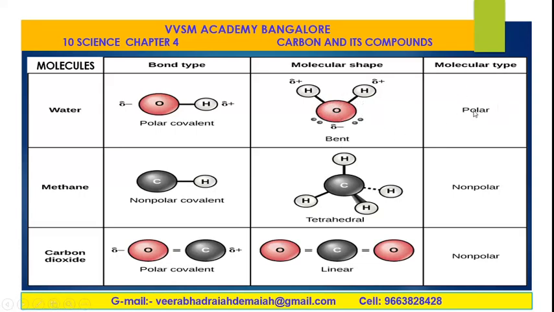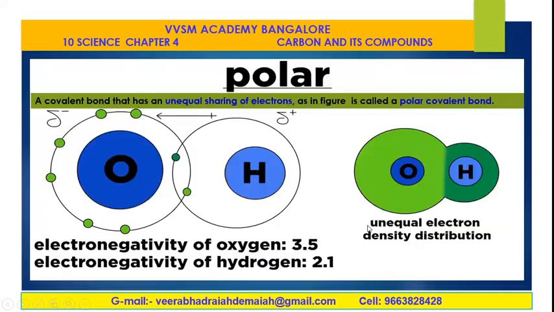Molecular type is polar. Coming to methane, it is non-polar covalent, carbon atom and hydrogen atom, and hence tetrahedral. This is non-polar. In case of carbon dioxide, polar covalent bonds, this is linear, non-polar.